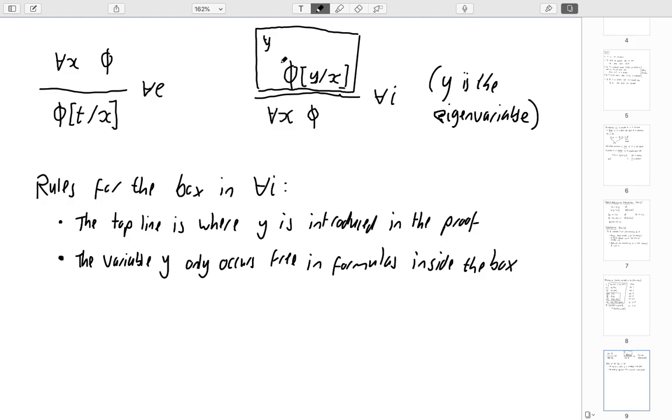And then also, because we want the boxes to be nicely nested, as they were in the natural deduction proofs of propositional logic, we also need to make sure that this box does not contain any open assumptions, because if it contained an open assumption, then we might need to close the assumption using an implies introduction or something like that, and then we would have overlapping boxes. So the box contains no open assumptions.